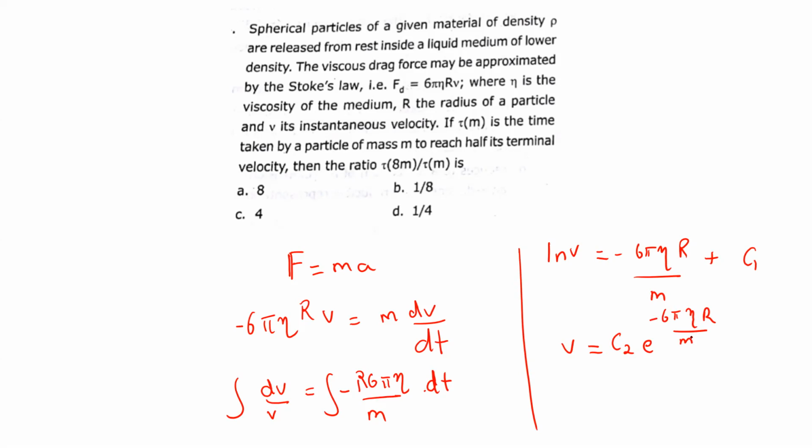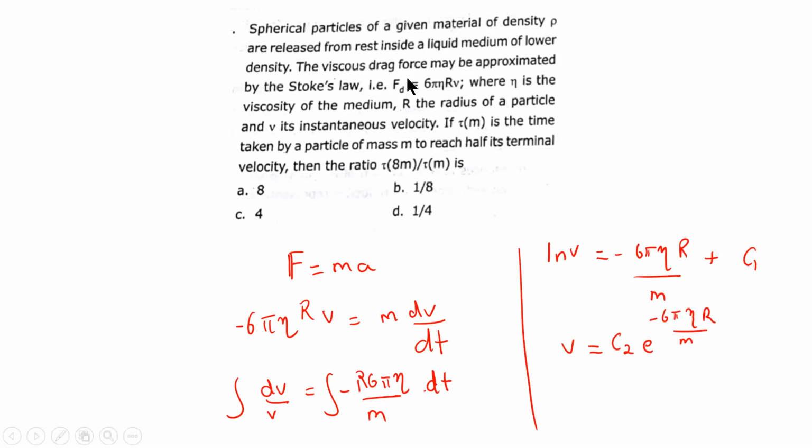Now we are told that for mass m, the value of half its terminal velocity. So we are told in this question that for a particle of mass m, the time it takes to reach half its terminal velocity is tau. So I'll write an equation describing this.